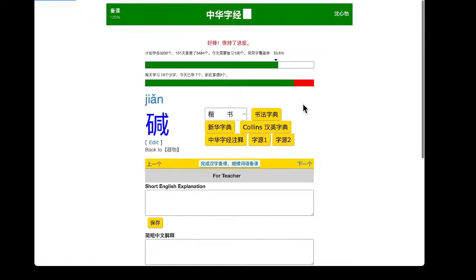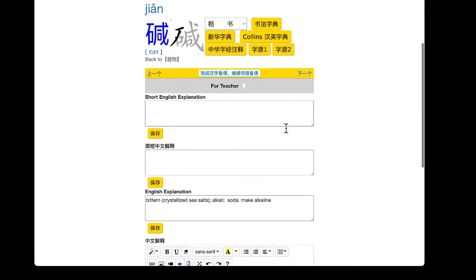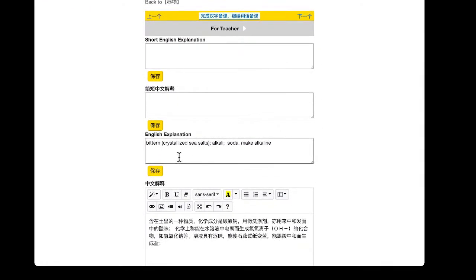Next one, 碱. 碱 is basically crystallized sea salt, alkali, soda, alkaline soda. So that means 碱.